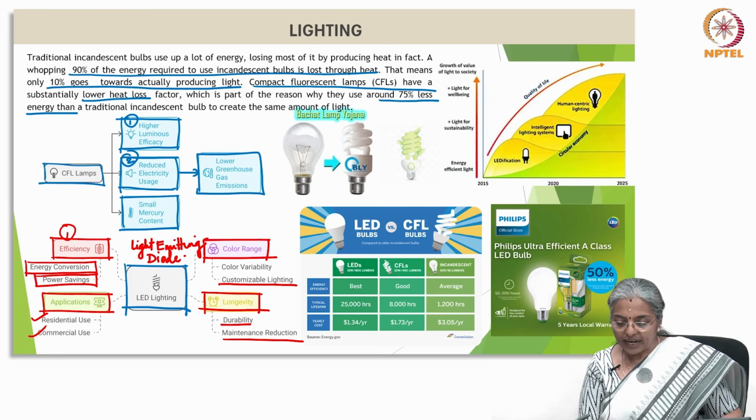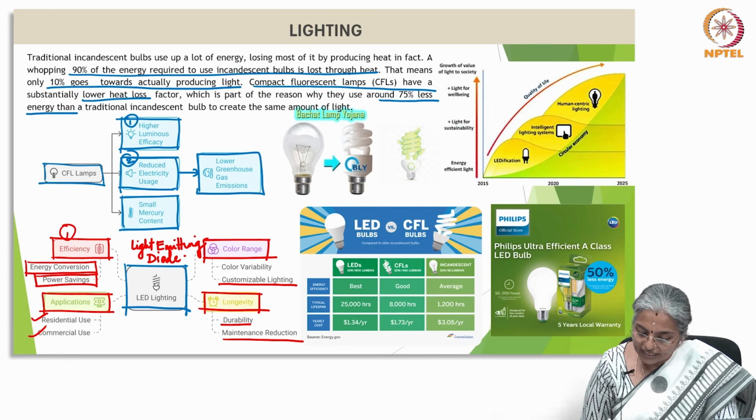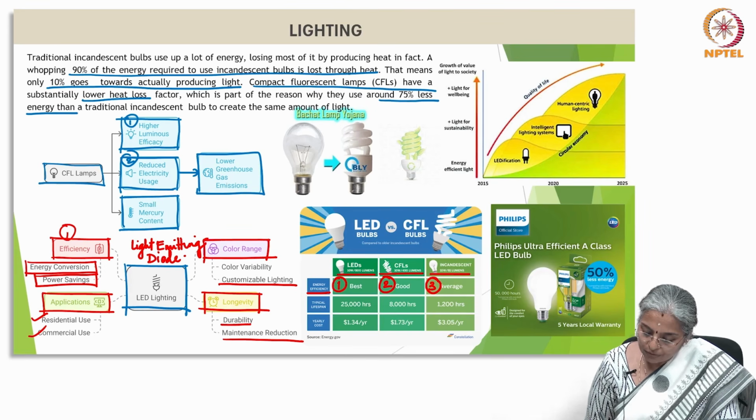So, if we look at a comparison of LEDs, CFL and incandescent, when it comes to energy efficiency, LEDs are the best. Then CFLs come second and incandescents are not so good at all. Typical lifespan of LED is about 25,000 hours, so it ranks first.